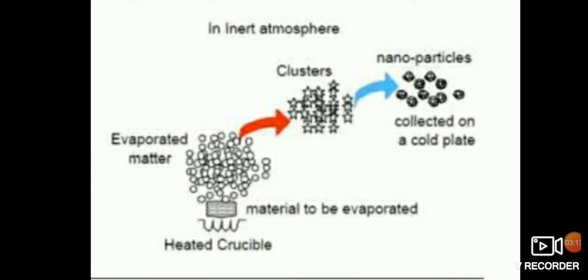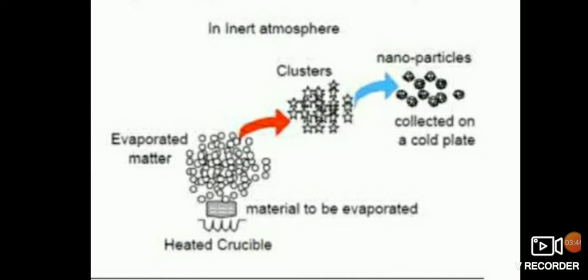This method is appropriate only for materials that have a high vapor pressure at the heated temperatures, which can be as high as 2000 degrees centigrade. Energy is normally introduced into the precursor by arc heating, electron beam heating, or joule heating. The atoms are evaporated into an atmosphere, which is either inert or reactive.